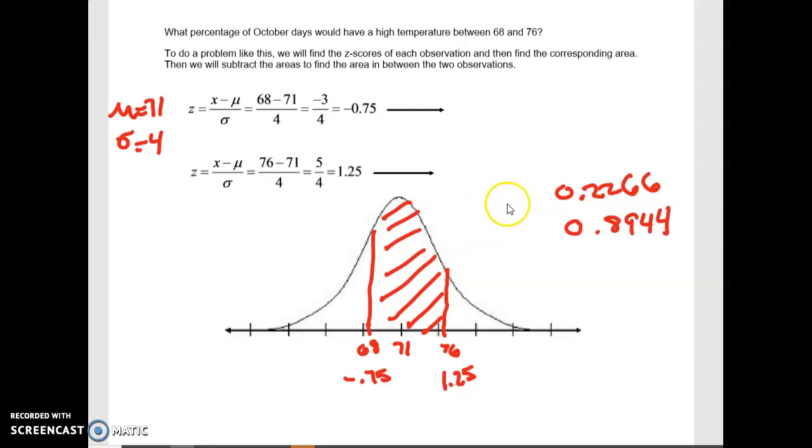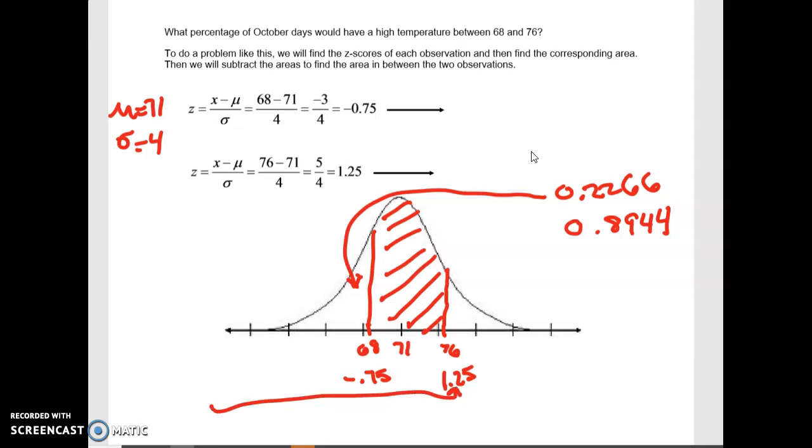Now remember that the table only gives you areas to the left. So this score, let me draw it in here, this score is that area right there. Now this score is everything from negative infinity all the way up to here.